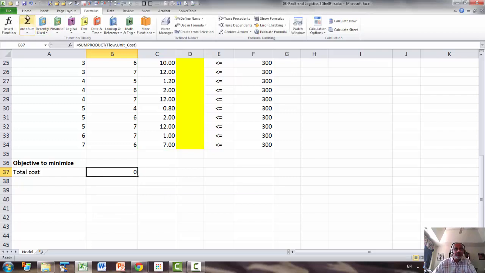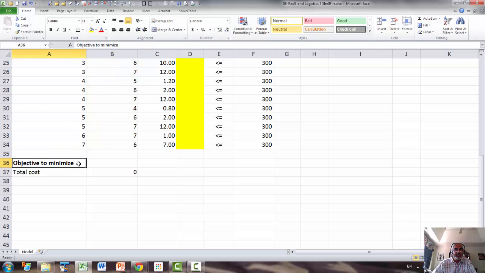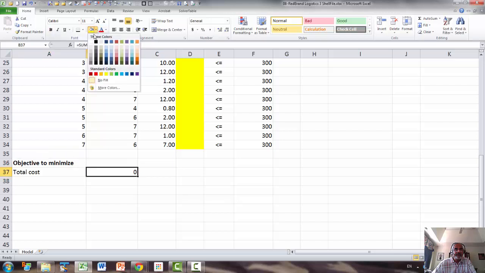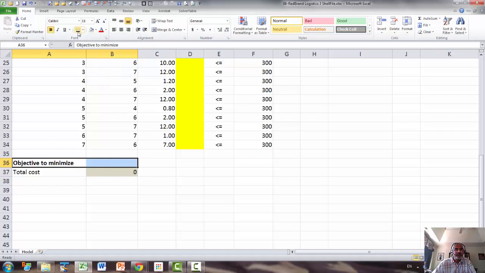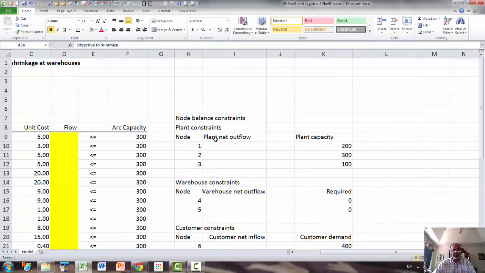So that's our objective function. And we want to minimize that. Okay, so now let's set up the constraints here. Align it properly.